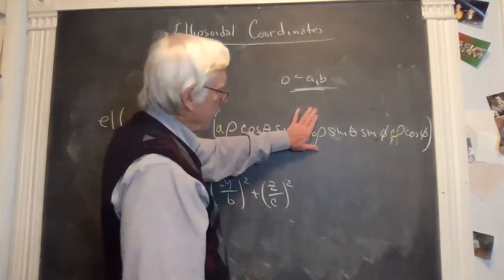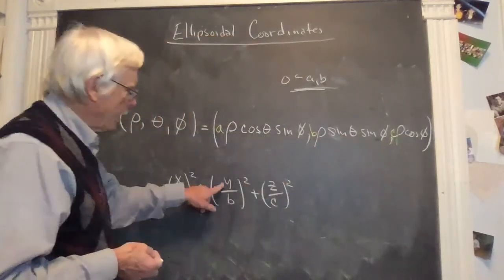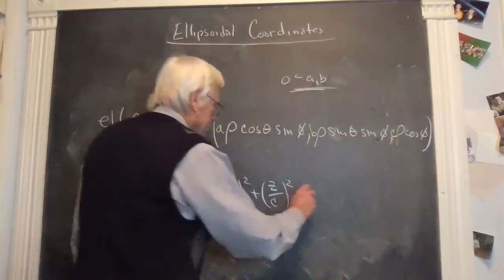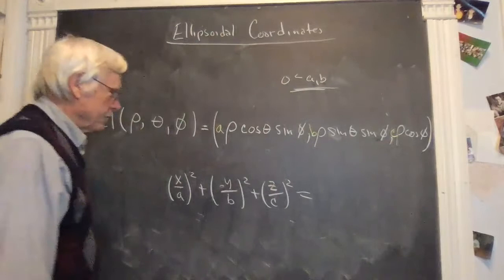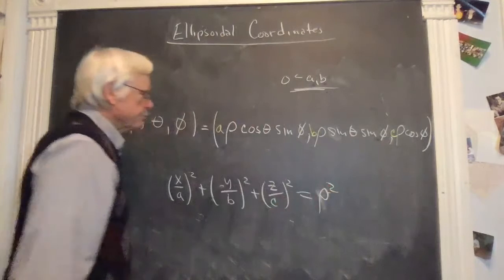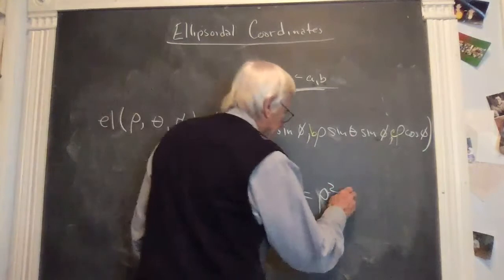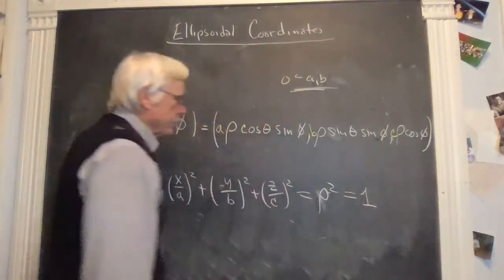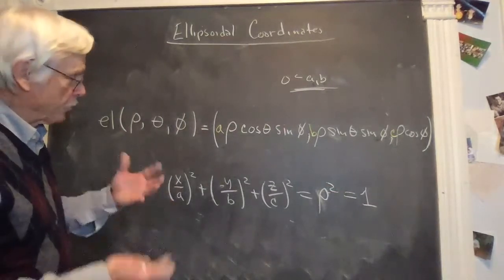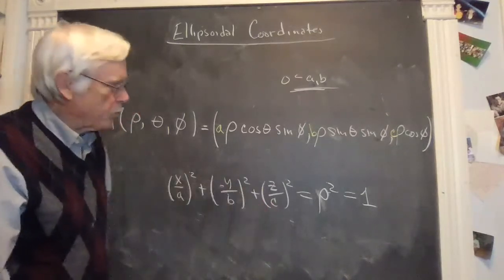Y divided by B is the old spherical coordinate quantity squared. Z divided by C is the old spherical coordinate for z divided by C. So this is again going to give you rho squared. As a consequence, if this is constant, it gives you an ellipse, and an ellipsoid in 3 dimensions, where the x radius is a, the y radius is b, the z radius is c.